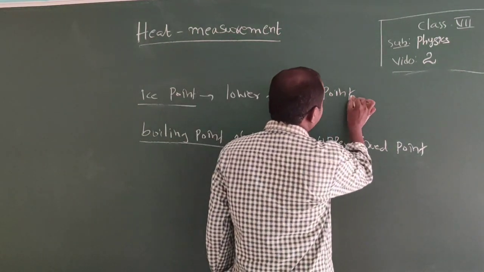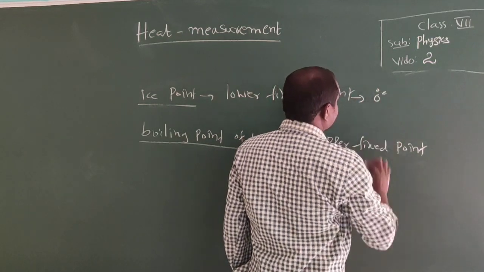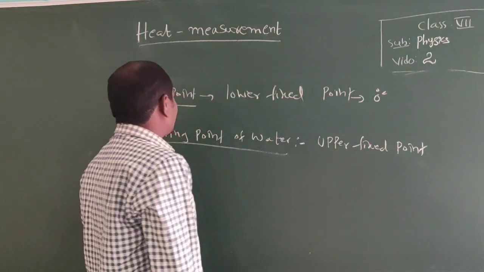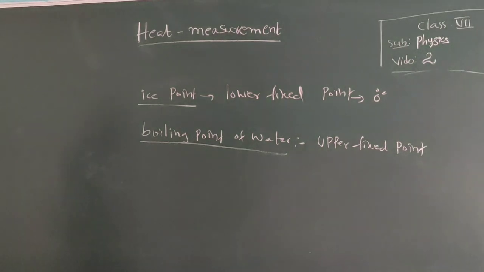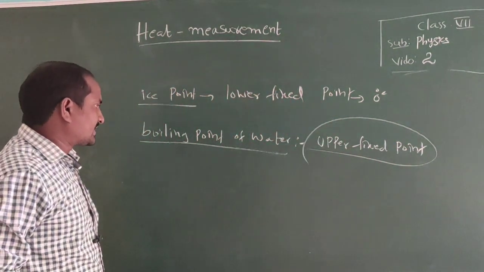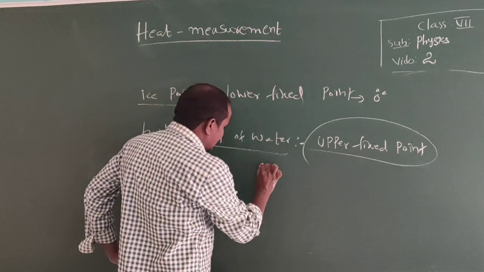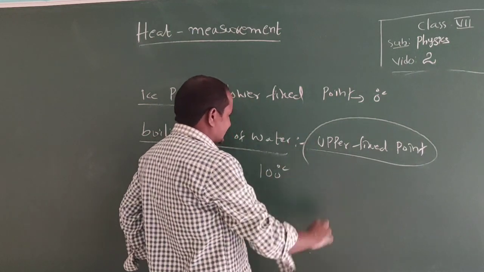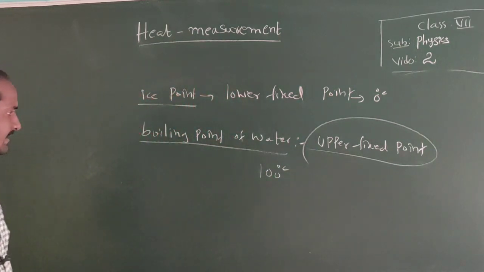That is, in Celsius, 0 degree Celsius is the ice point, also called the melting point of ice. So the boiling point of water, on any scale, is the upper fixed point, which in Celsius is 100 degrees Celsius. The upper fixed point is nothing but the boiling point of water.